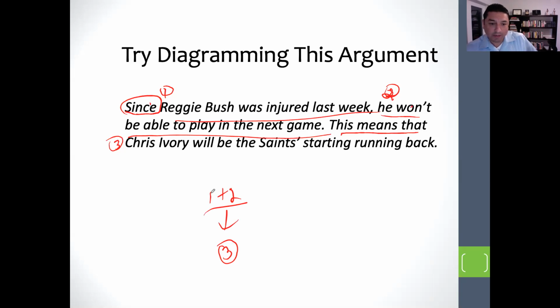So you're missing something in this diagram, which is captured by the indicator words, right? So this is going to be providing support to 2, okay? So this premise is a premise for a conclusion 2. And then this is saying that 2 is actually providing support to 3.